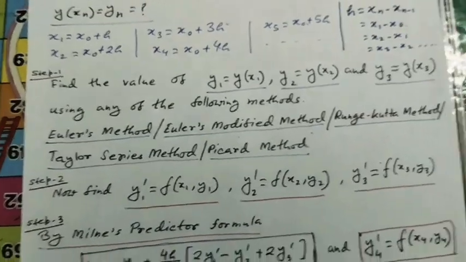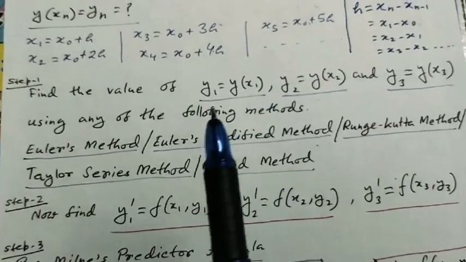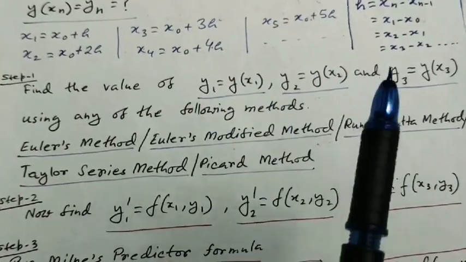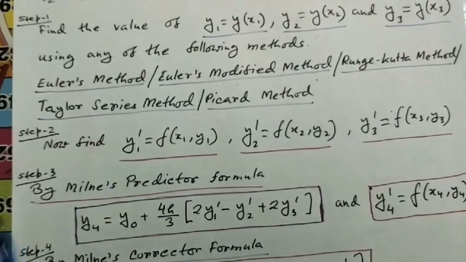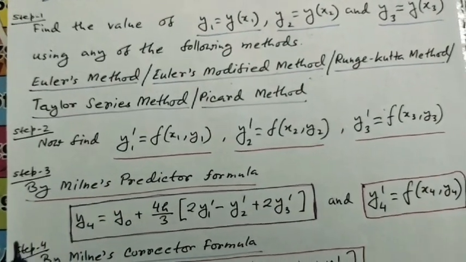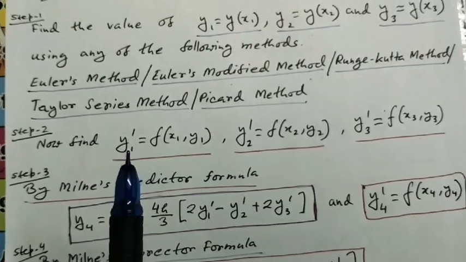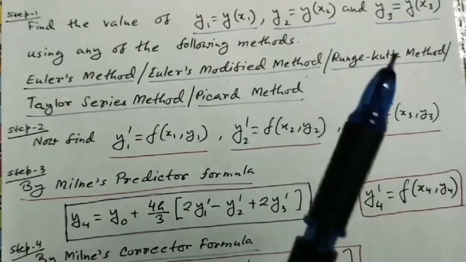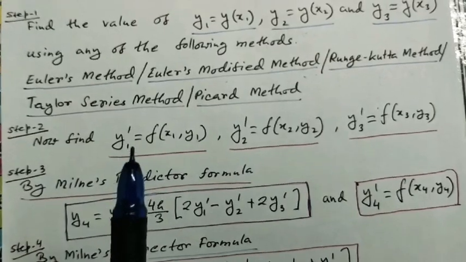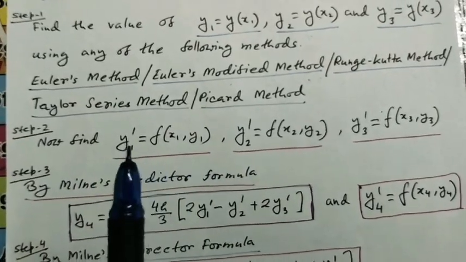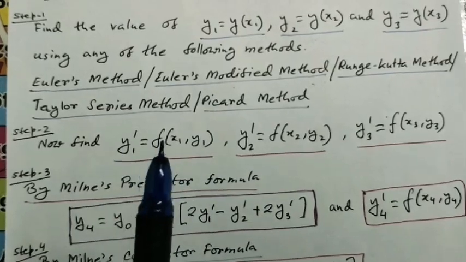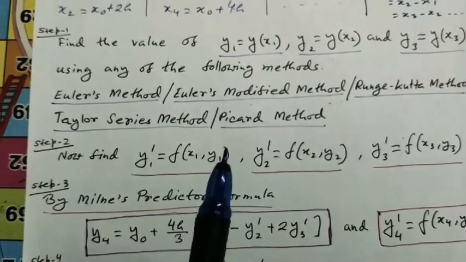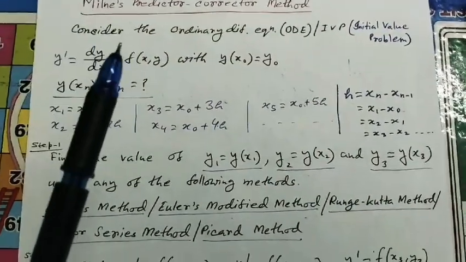From step 1 we will get the values of y1, y2 and y3. After that we follow step 2. In step 2, we have to find y1', y2' and y3'. It is very simple. The formula will be given in the question: y1' equals f(x1, y1). The function is given in the question.